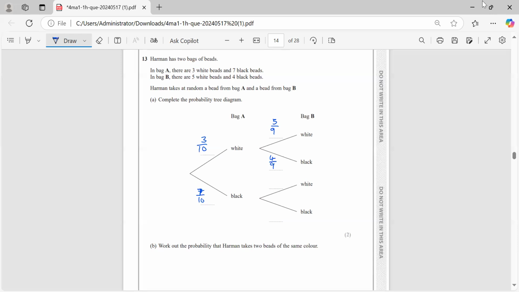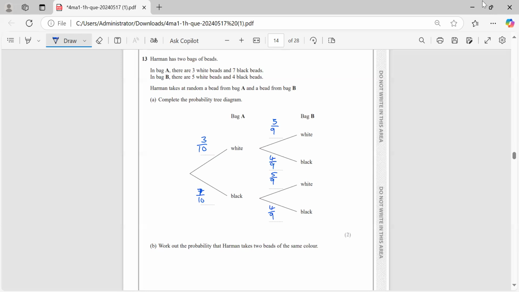So you do the same here as well. 5 over 9 white beads and 4 over 9 black beads, right? Okay, now from here, they want us to work out the probability that Hammond takes 2 beads of the same color.